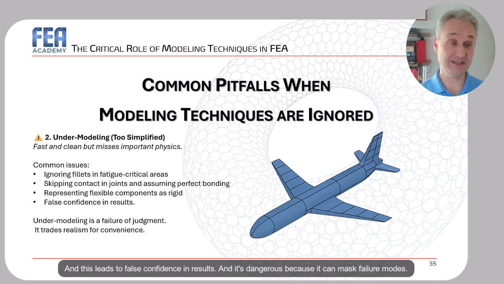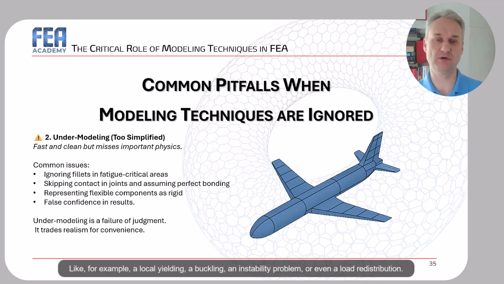And again, this leads to false confidence in results. And it's dangerous because it can mask failure modes, like, for example, local yielding, buckling, an instability problem, or even a load redistribution.